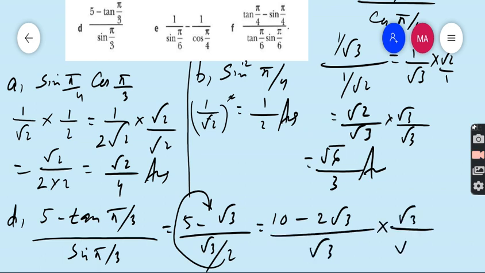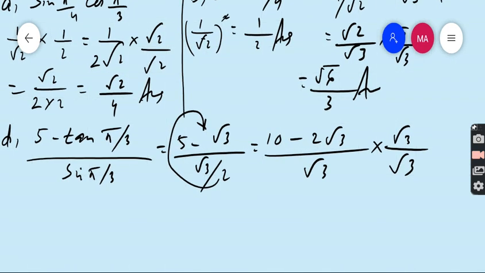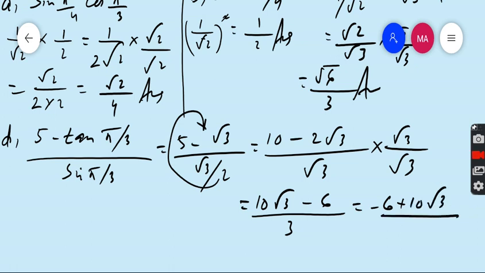Multiply root 3 by root 3: 10 root 3, and root 3 into root 3 is 3, 2 threes are 6, upon 3. You can write it as minus 6 plus 10 root 3 upon 3. This is our final answer.